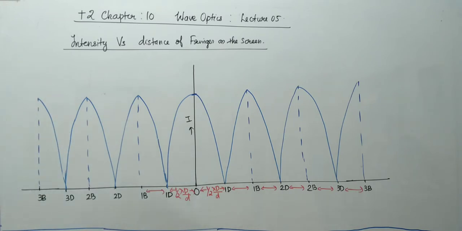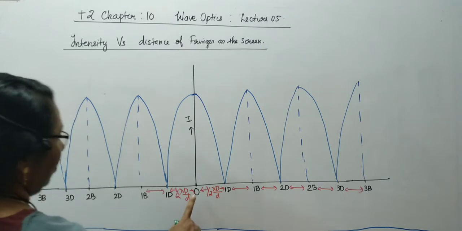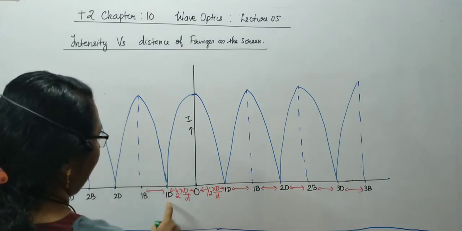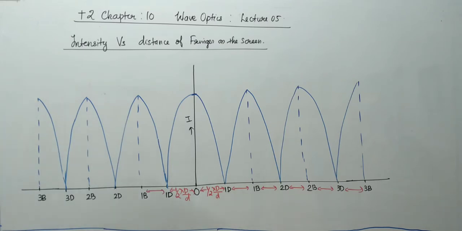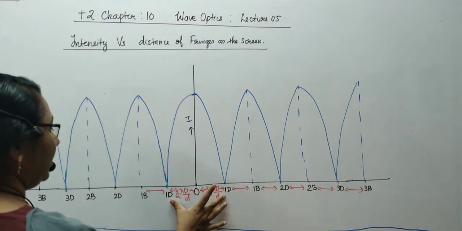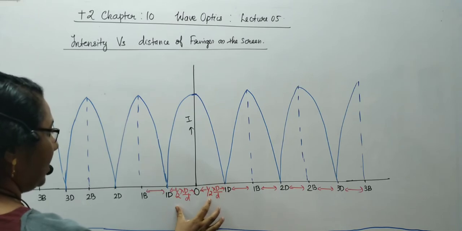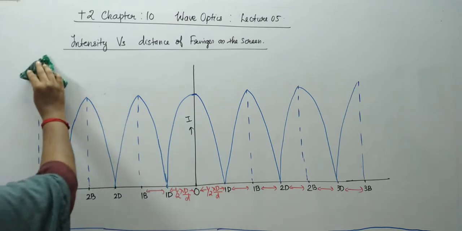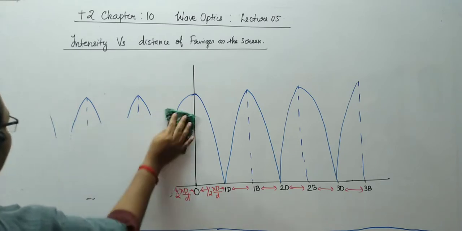It is the distance on the screen from the center O to the first minima, first darkness, on either side. So this will be the width of the central maxima, half lambda D by d plus half lambda D by d.